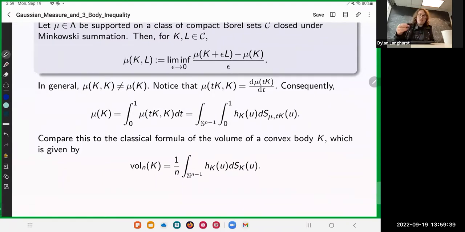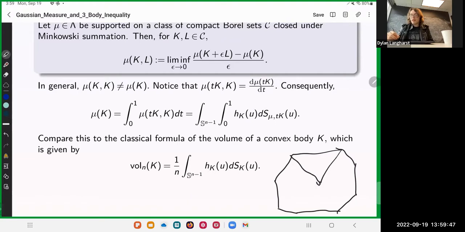And if you wanted to prove this formula, well, you just take a polytope, break it into cones, like this. And then the height here is h_K of u_i.